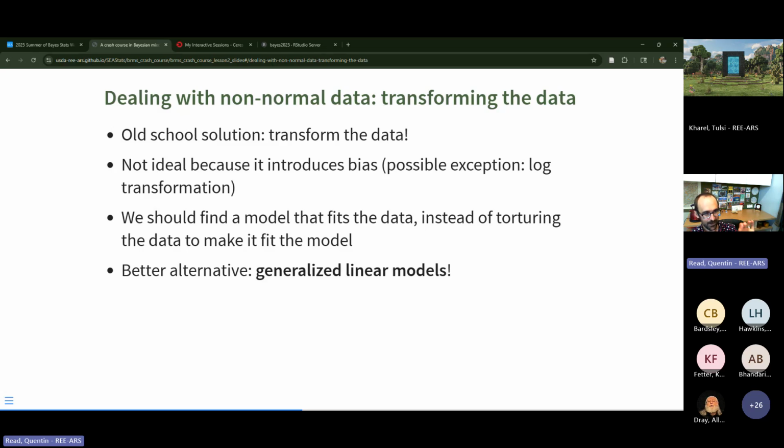Sometimes it's still okay to do a log transformation if you believe that changes in your data are more interpretable on a multiplicative scale. But in many cases, torturing the data to make it fit the model introduces bias. What we really want is, the data is real, the model's not, right? So why are we forcing the data to fit a model that's not even real anyway? Why don't we just get a model that actually fits the data? And that's why people came up with generalized linear models.